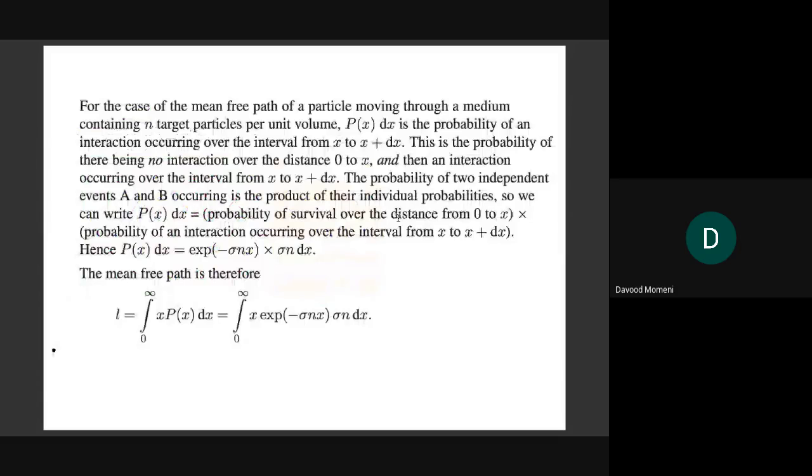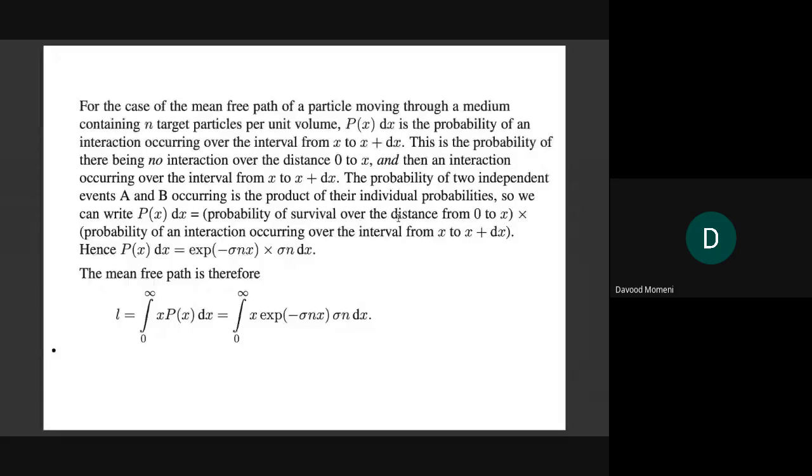Okay, then how do we calculate the mean free path? Consider a model of n target particles per volume. P(x) is the probability of survival, as we explained. You multiply that by the probability of interaction occurring over the interval.